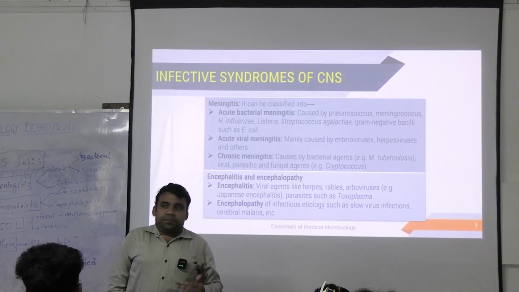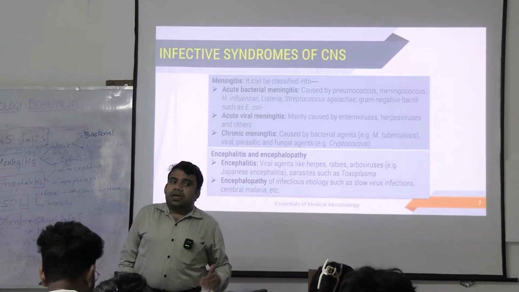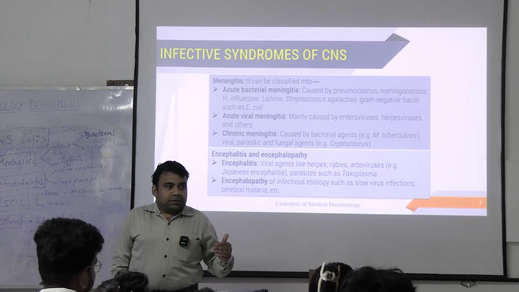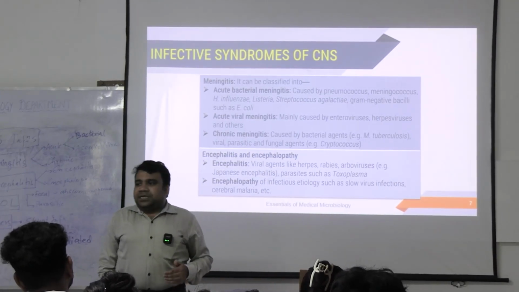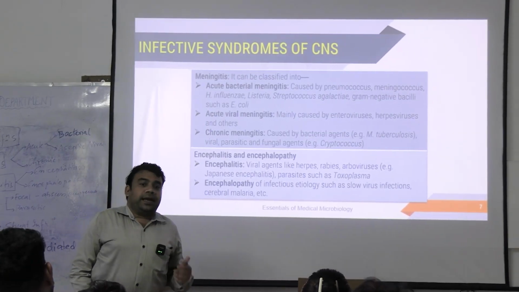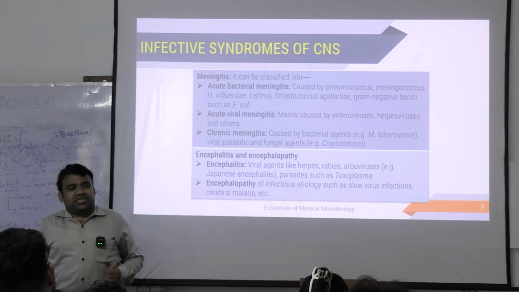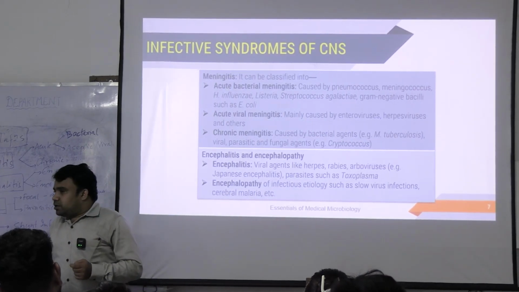Now another method of classifying, I'll go into much detail a little bit later on, is based on the age of presentation of the patient. We can classify them as infant, that is 0 to 1 year, meningitis in infants, meningitis in childhood, meningitis in adulthood, and meningitis in elderly. Why do we need to classify them? Because the etiological agents are different.